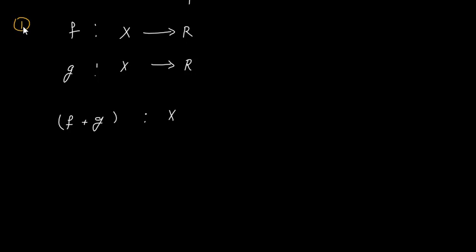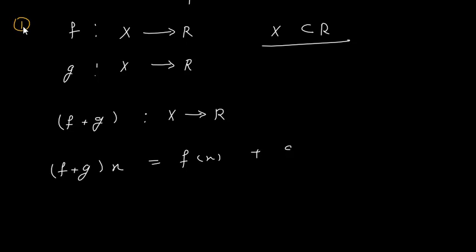This is also from X to R. Now this X is a subset of R. So f plus g is a function from X to R given by (f plus g)(x) equals f(x) plus g(x) for all x belonging to set X. So this is addition of two functions.